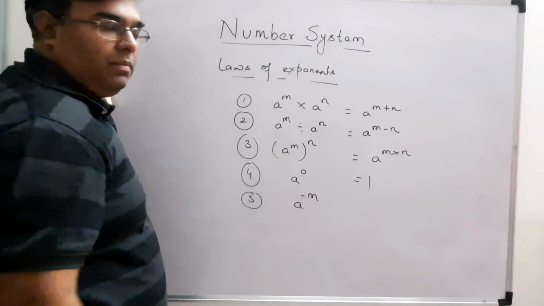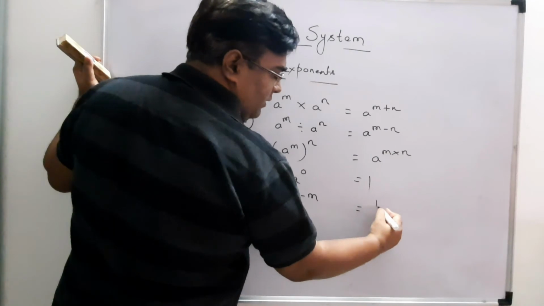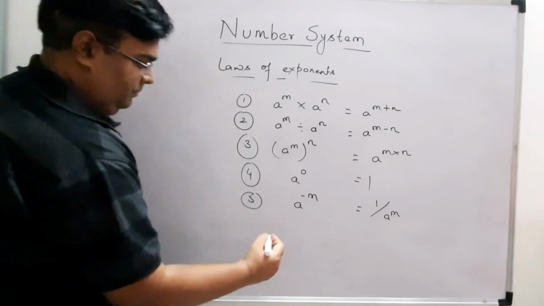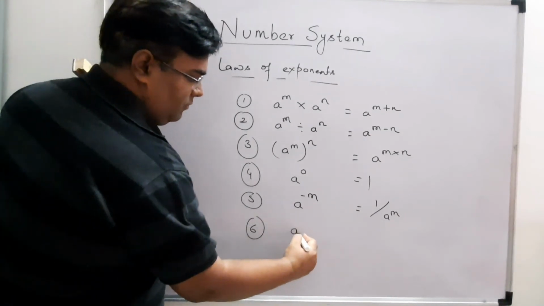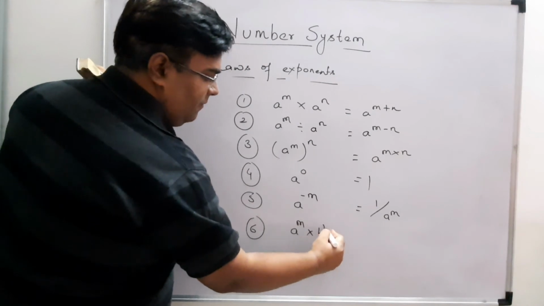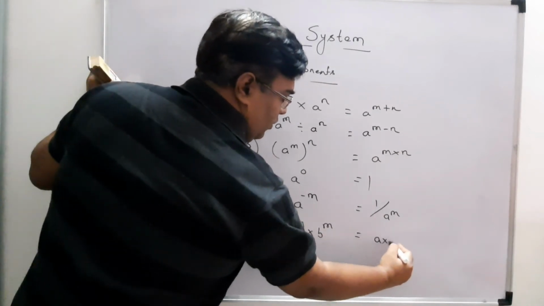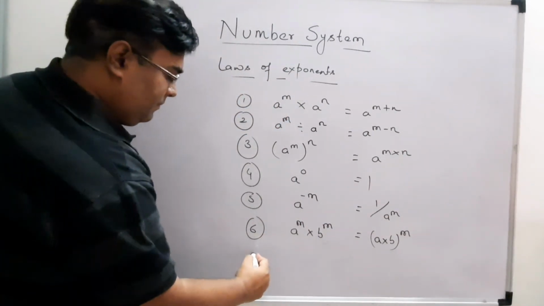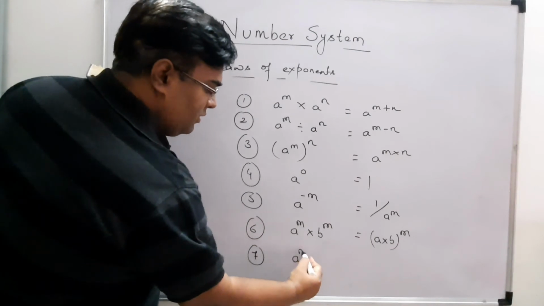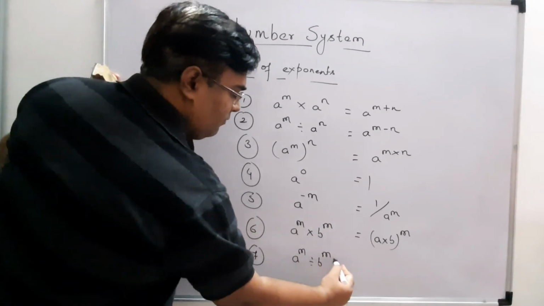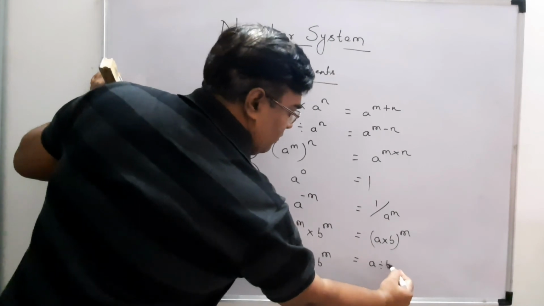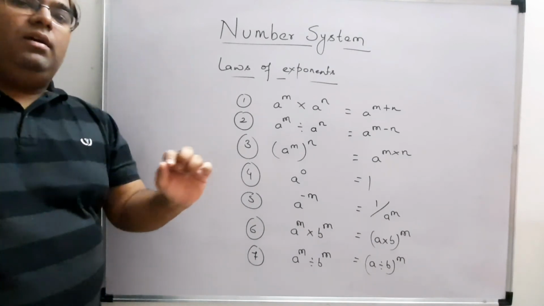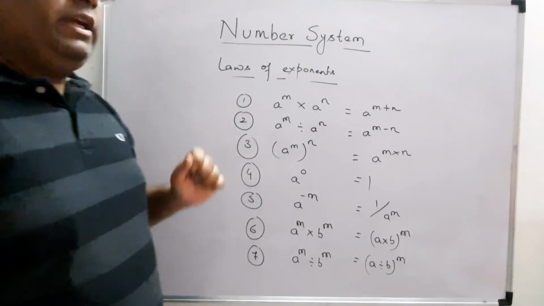If negative number is there in power, you can change it by taking the reciprocal. If bases are different, you can do like this. Multiply the base first and then take the power. Similarly for division. Right, so these are the 7 laws or rules of exponents.